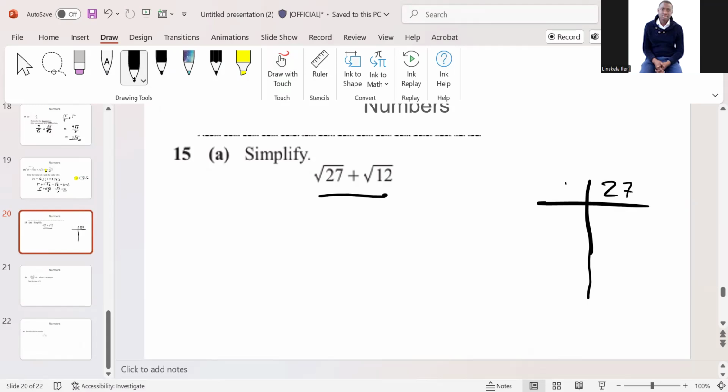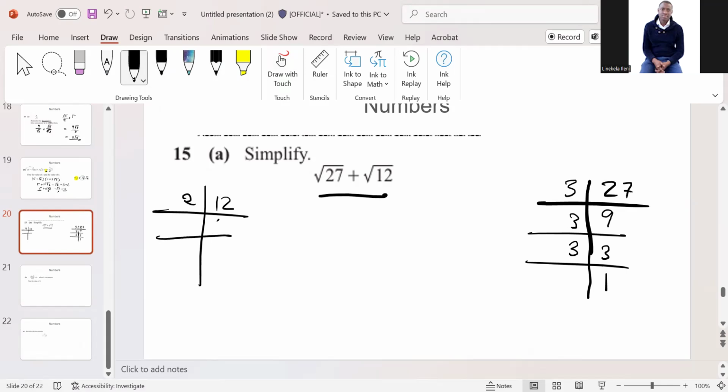I use my prime factors: 3 goes into 27 9 times, 3 goes into 9 3 times, and 3 goes into 3 1 time. You see why I do this. It's actually a much simpler way. Whenever you are adding or subtracting surds, you need to use your prime factorization so that you can find common roots.